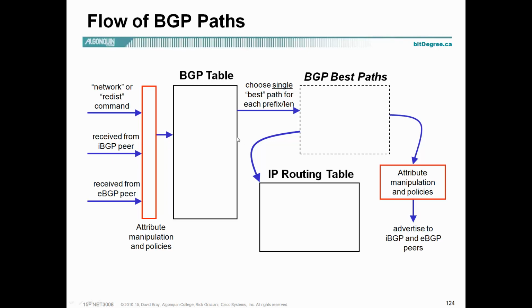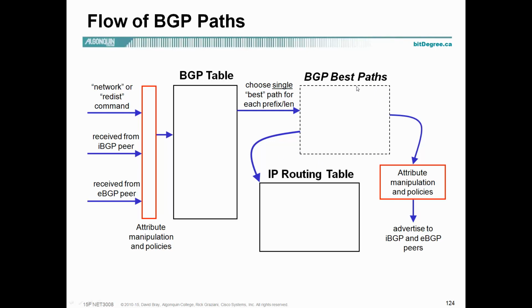From the BGP table, for any one particular route signature, so remember that's a prefix and length, the single best path for each prefix length will be chosen and will be categorized as our BGP best path. Now notice here I've got this rectangle as a dotted outline.